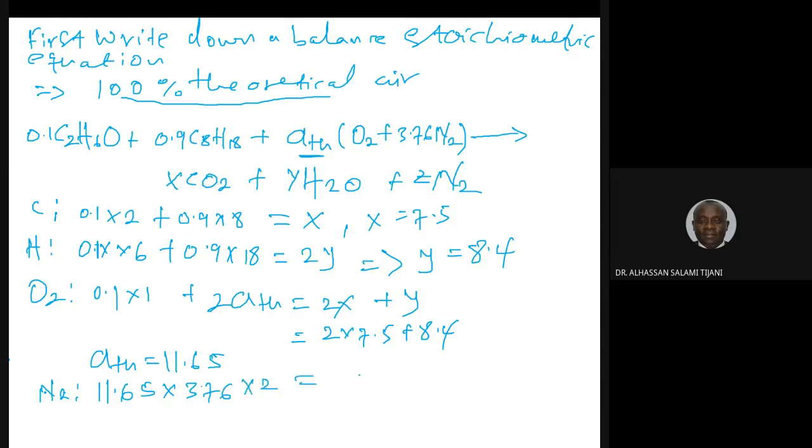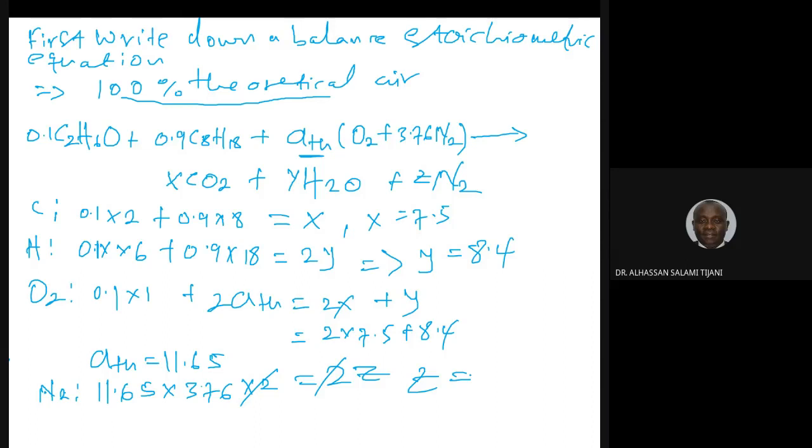This gives me 2Z. All right, so the 2 cancels the 2 over here. So eventually Z will be equal to 11.65 times 3.76, so 43.8. Okay, that is for nitrogen.